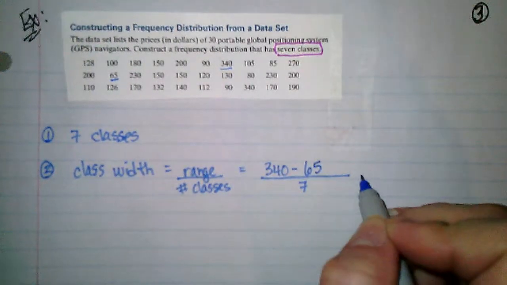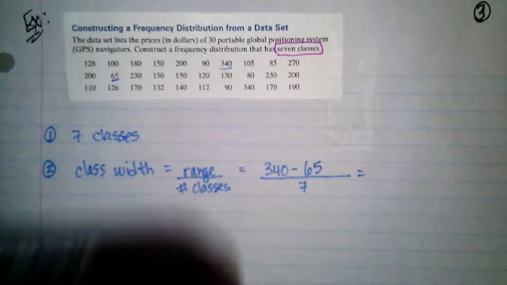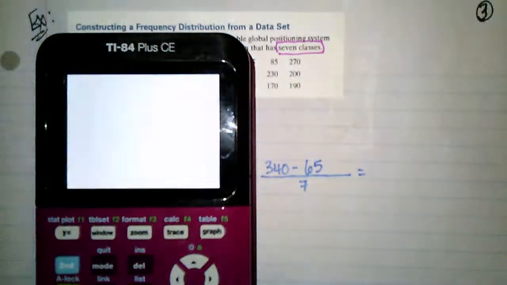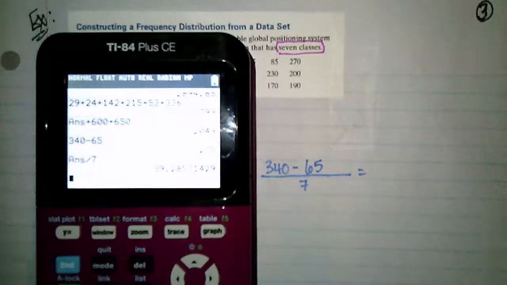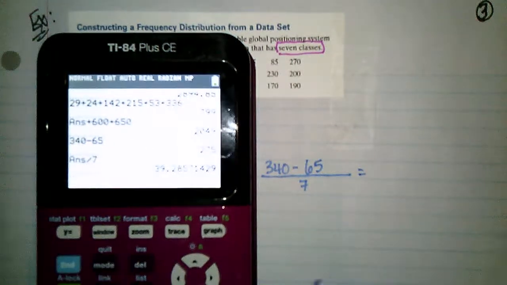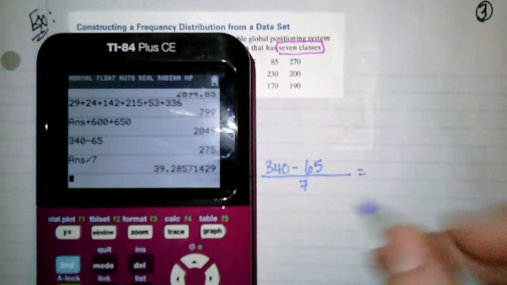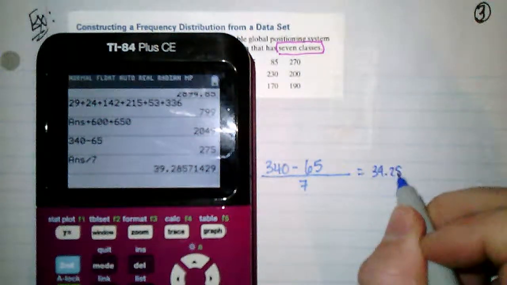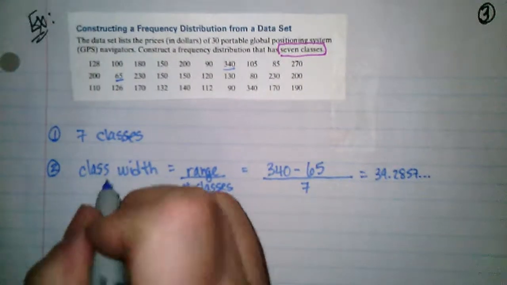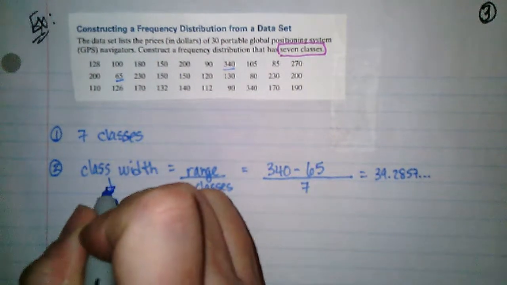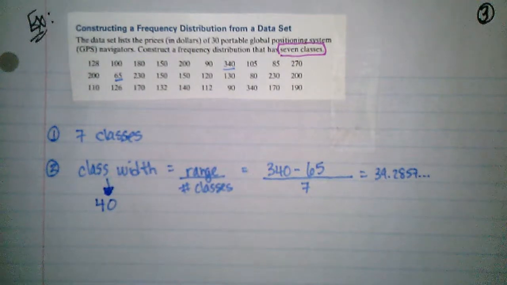So 340 minus 65, divide by 7. That's 39.2857, and that keeps going on. But remember, on class width, we always round that up. So what we're going to use for our class width is going to be 40, because we always round that up to the next whole number.